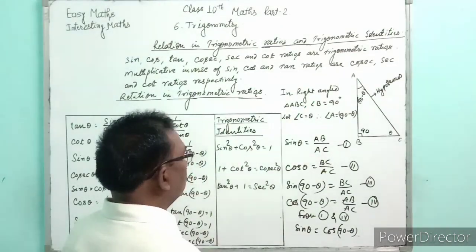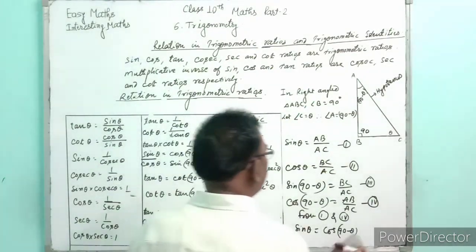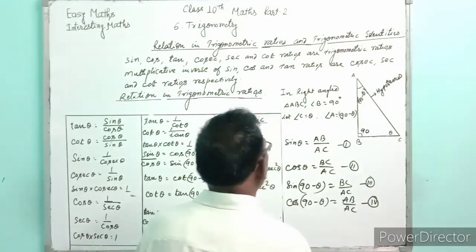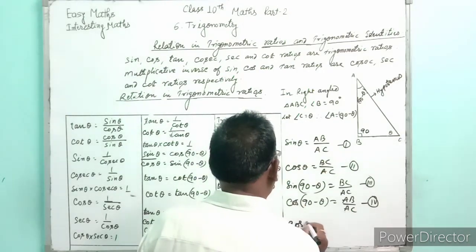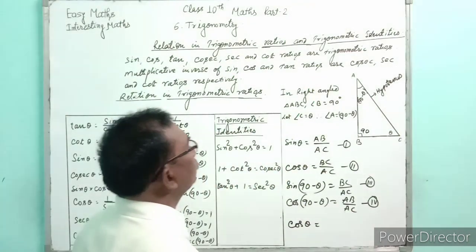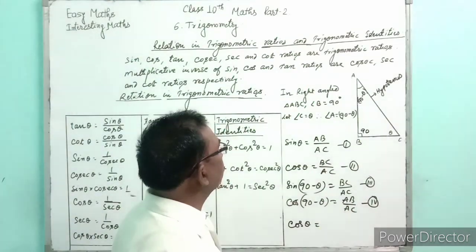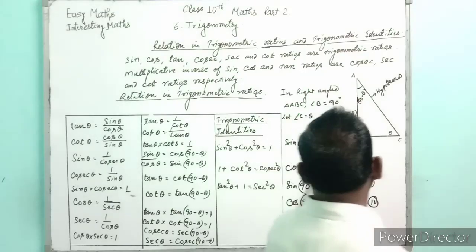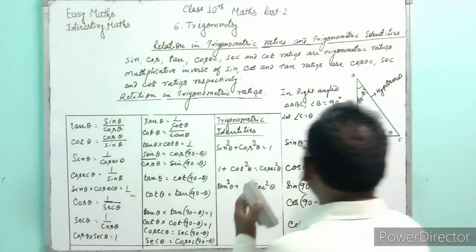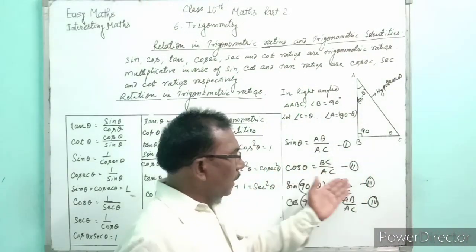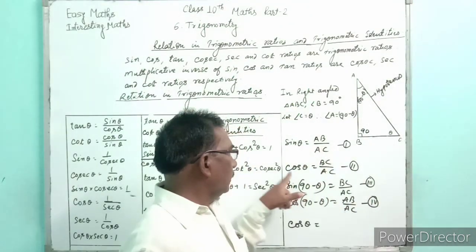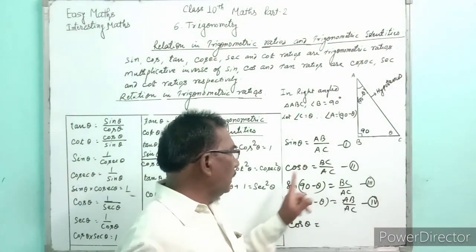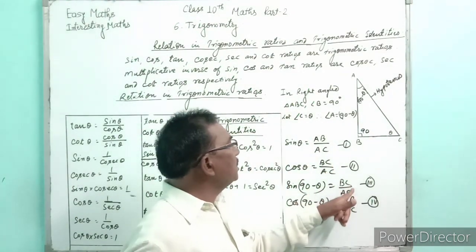Now cos theta is equal to BC by AC. In equation number 2 and equation number 3, cos theta is equal to BC by AC, and sin 90 minus theta is equal to BC by AC.